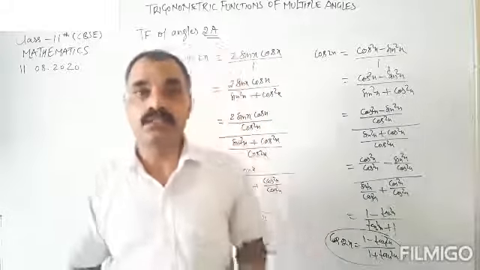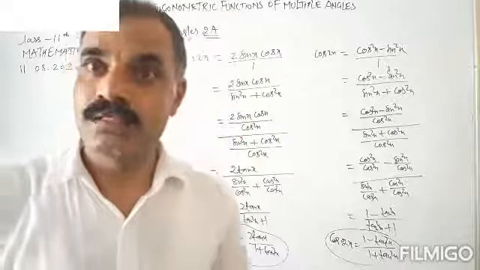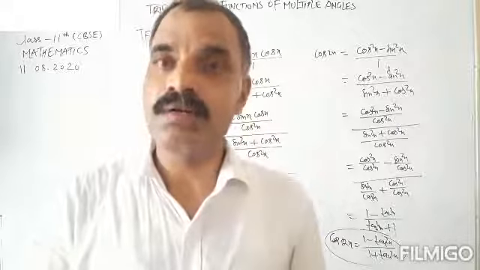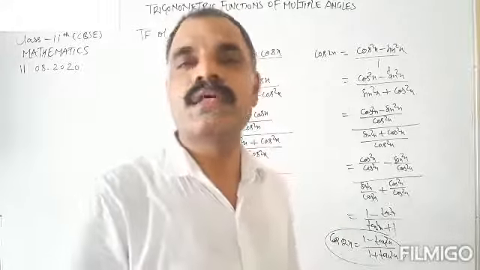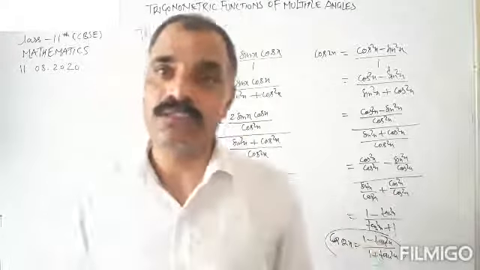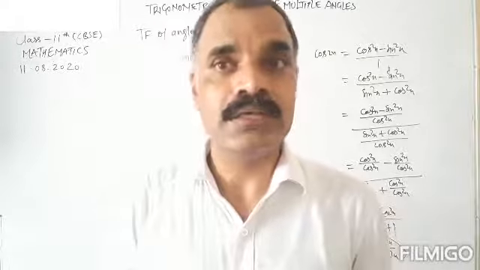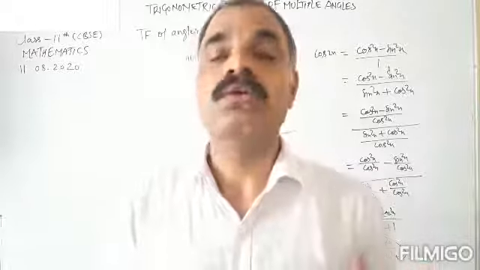These are important formulas, important conversions also, meaning how to convert sin 2x in terms of tan x and cos 2x in terms of tan x. So using these formulas you can convert sin 2x and cos 2x into tan x.